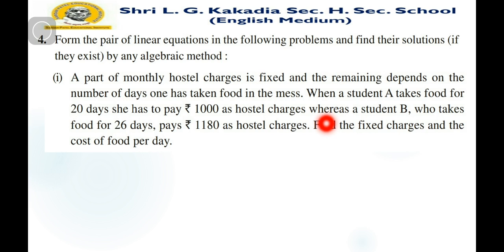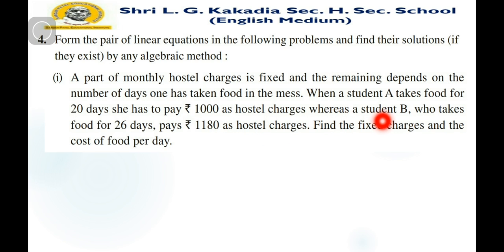Now when a student A takes food for 20 days, she has to pay rupees 1000 as hostel charges. She pays for 20 days, means 1 day is the fixed charge and the remaining 19 days are per day charges, so x plus 19y is equal to 1000 that she paid.